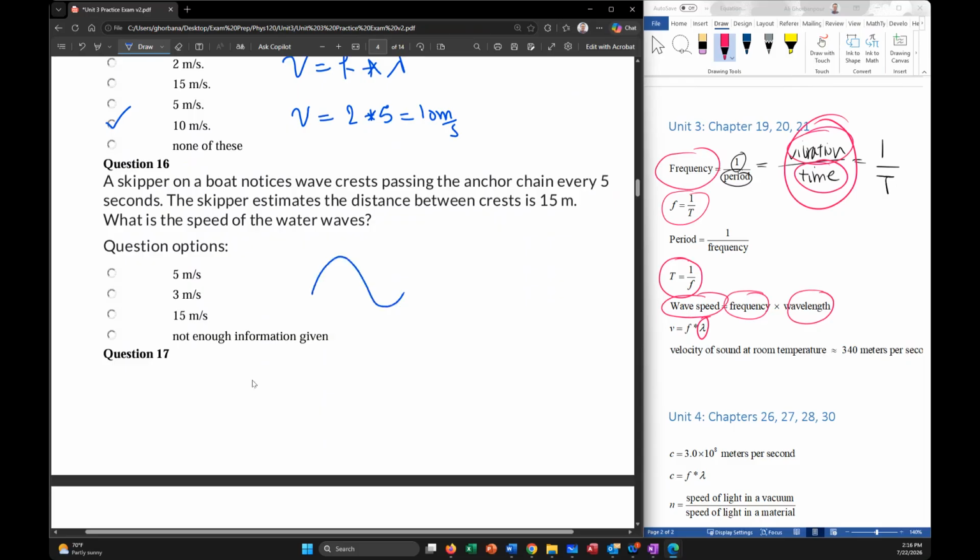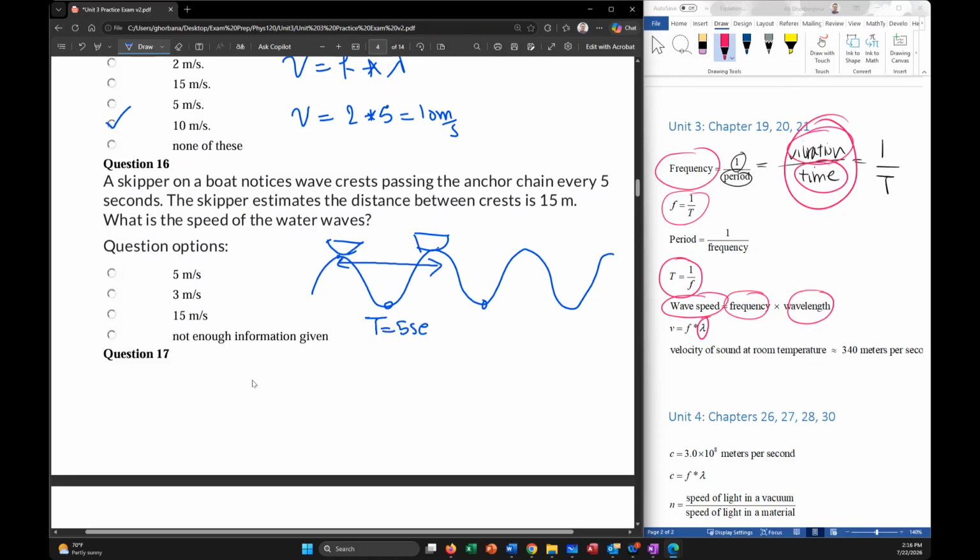Let's say this is a water wave. We call this the crest, and these are troughs. If the boat is here, the boat experiences each of these crests. From this crest to this crest takes 5 seconds. What is this 5 seconds? This is the period. T is 5 seconds.